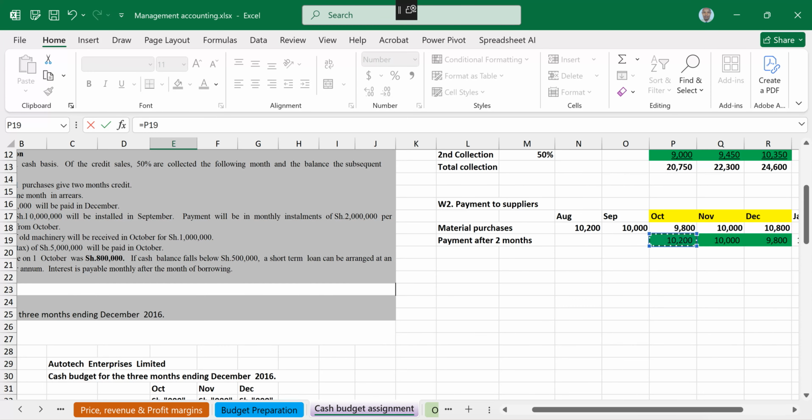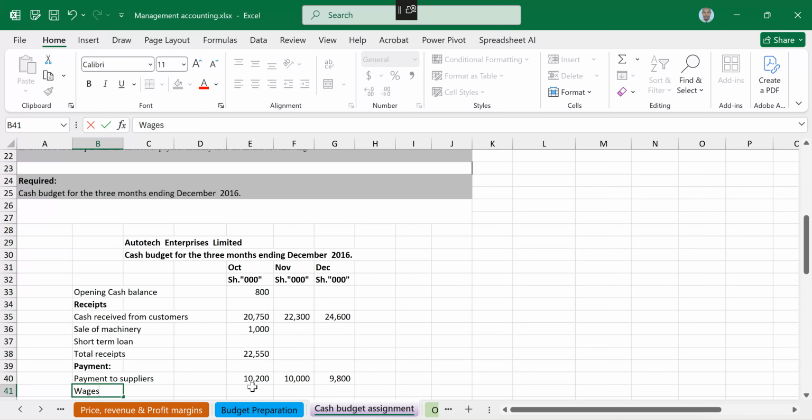Other payments include wages, and where are wages? Not mentioned, but I believe wages are paid monthly. So for October, the wages are given here, 3,800.